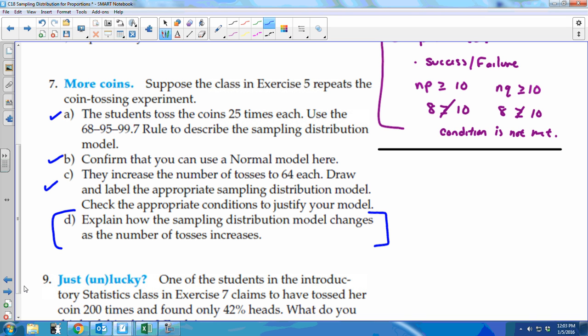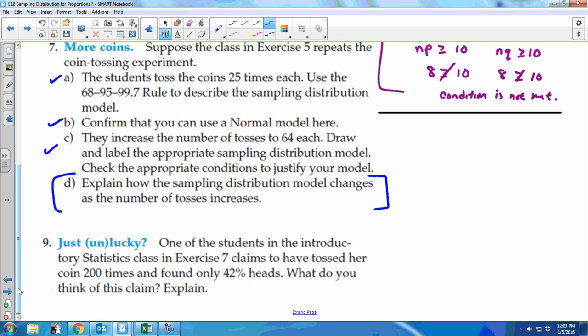Right? It's becoming more compact around the center. That should make a lot of sense. If you have a population of 100 of something, right? The more people you survey in your sample, the closer you should get to the true population proportion of whatever you're asking. Because you're getting closer and closer to the real population size. Okay, so as your sample size increases, your variability decreases. Everyone okay with that? Okay.